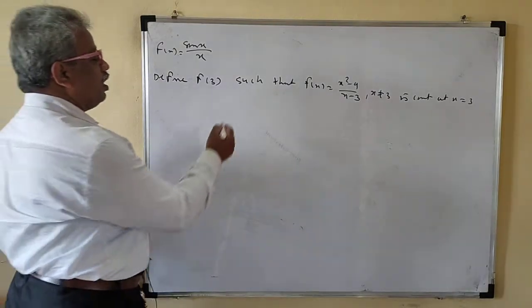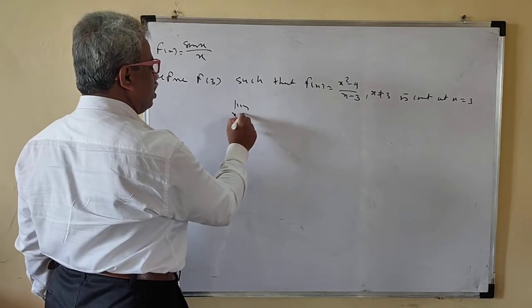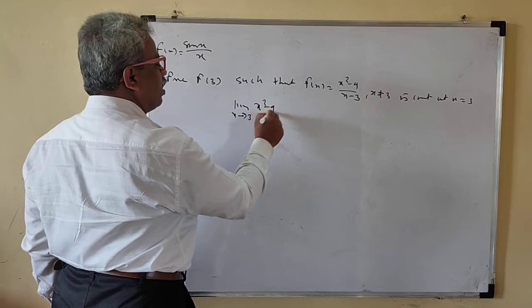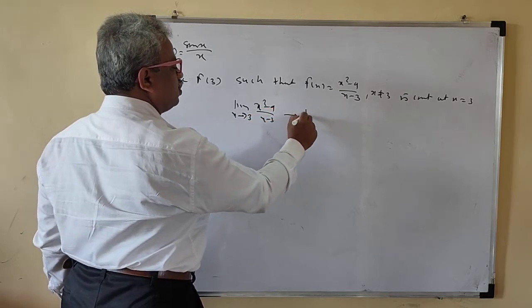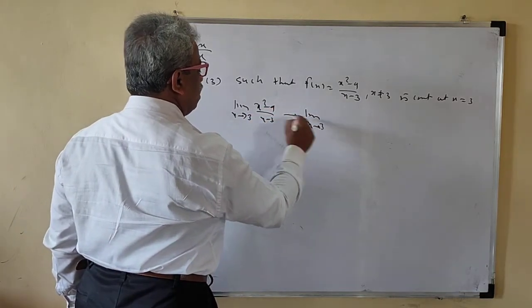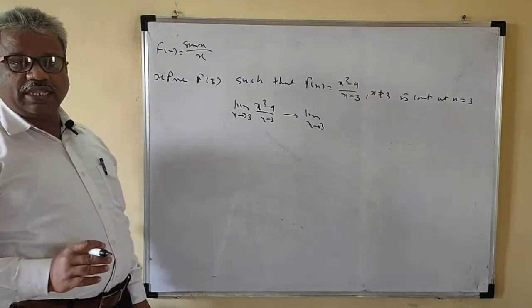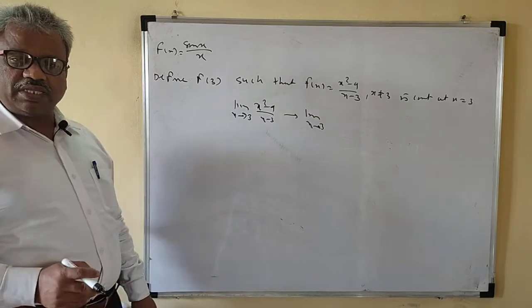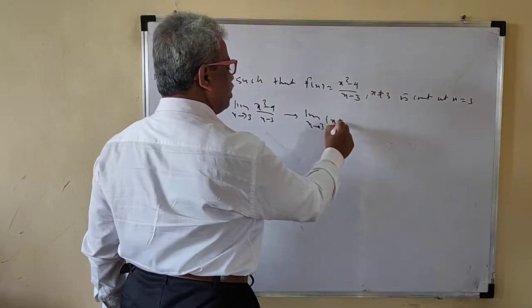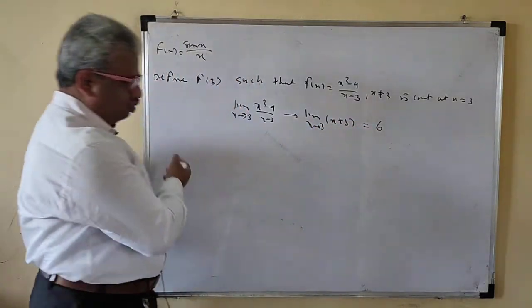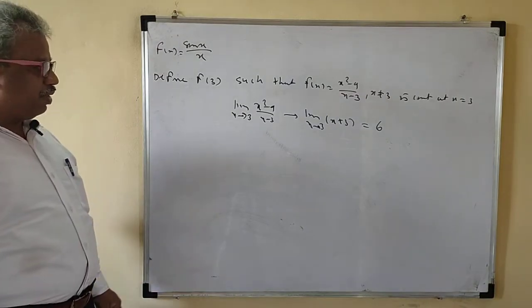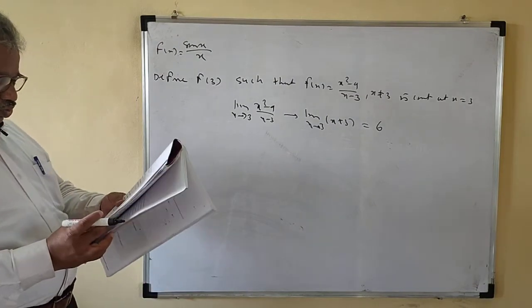So what is f of 3? You just have to find the limit as x tends to 3 of x square minus 9 upon x minus 3. This is a 0 by 0 form. Factorize: x minus 3 times x plus 3, and x minus 3 gets cancelled. So this is x plus 3, which is 6. Choose the option 6.